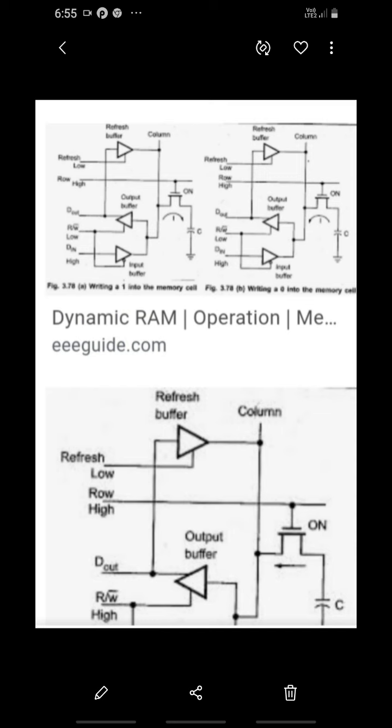Since only a single MOSFET, metal oxide semiconductor field effect transistor, and a capacitor are needed, the dynamic RAM contains more memory cells per unit area as compared to static RAM.